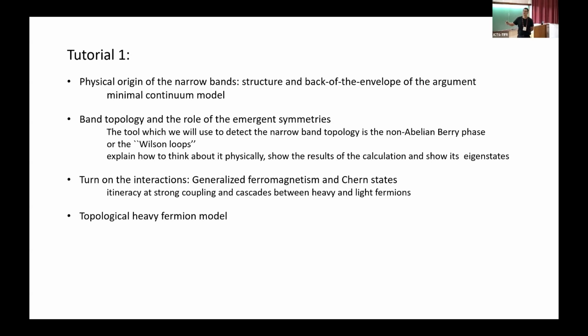So as you can tell, a lot of this is highly theoretical. Obviously, it will be motivated by the experiments. But I think it's a necessary first step to try to understand what's going on in this system. And then, since I was granted a second tutorial, I will make a stronger connection to the experiment in the second one, where we will study specific experiments both at higher twist angle, away from the so-called magic twist angle, and also closer to the magic angle.